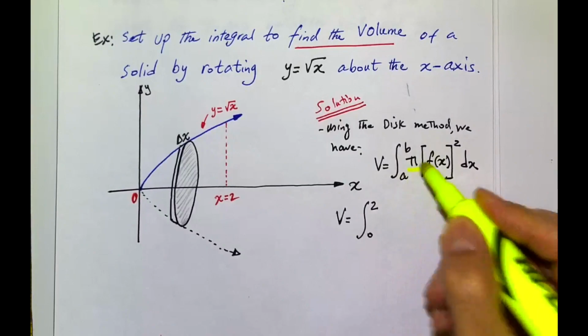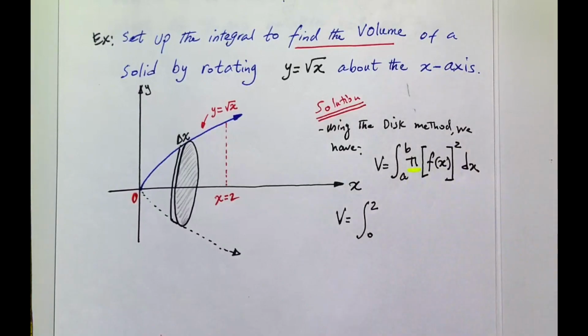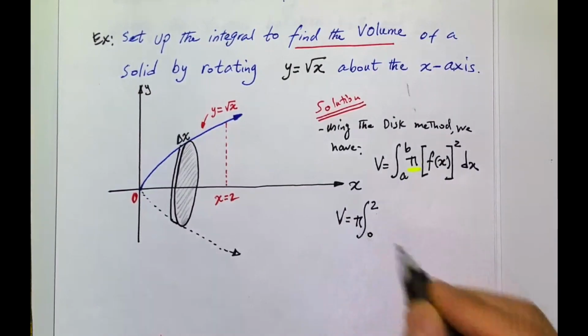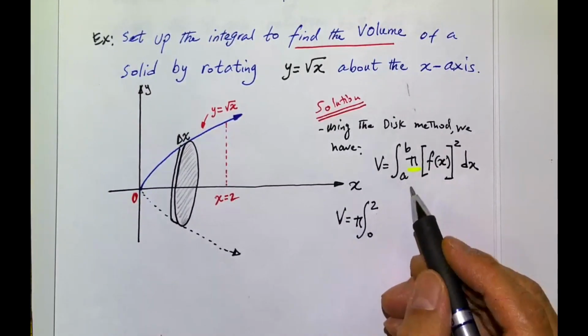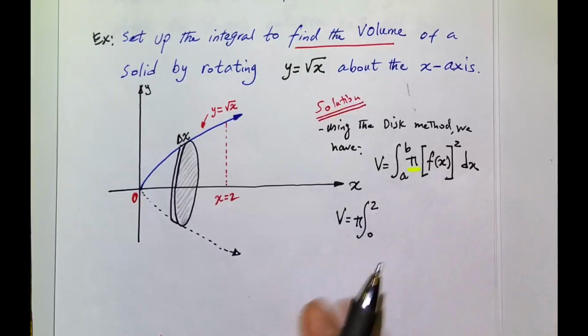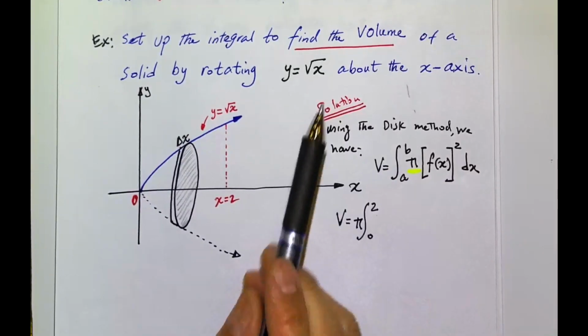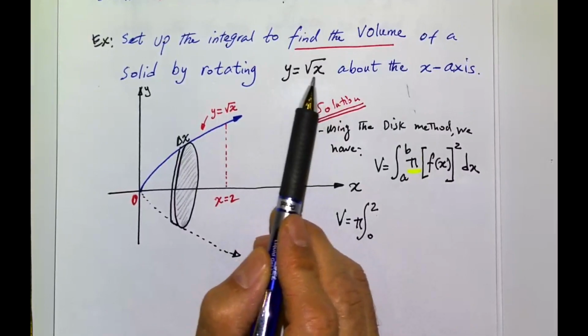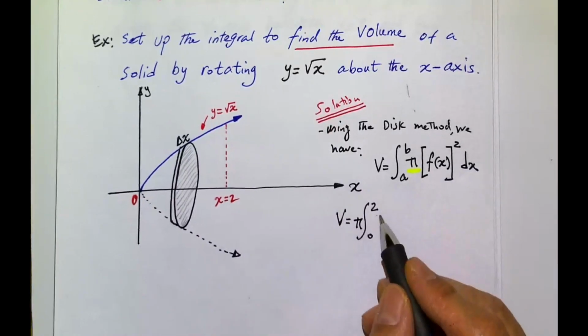So let me just highlight underneath it. It's a pretty important part of the formula. And I'm going to put it in front here because it's just a constant. And then this function, of course, because we're rotating along the x-axis, the variable that we're integrating is x, so I'm just going to keep it as that.